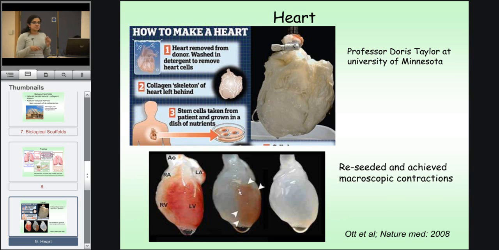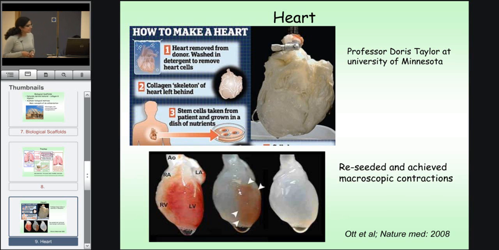This group used the intrinsic vasculature of the heart to deliver the detergent. They used the coronary arteries and delivered the detergents deep into the tissue. This technique is not only more efficient, it's quicker. The quicker you can decellularize your scaffold, the less likely you are to damage that scaffold as well.